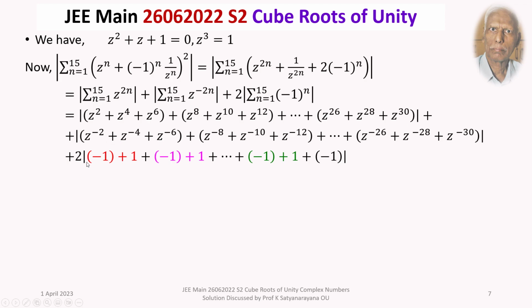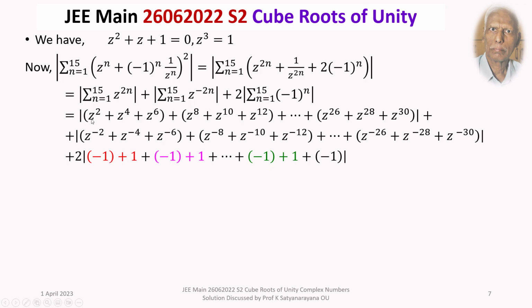Now we observe minus 1 plus 1 cancels to 0. So like that the first 14 terms become 0 and you are left with only minus 1. So 2 times mod of minus 1 is remaining in the third term.